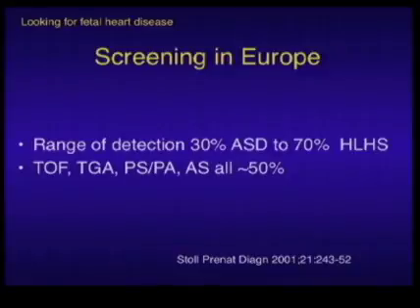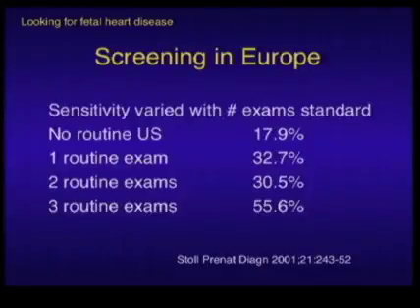Stoll looked in detail at diagnoses of heart disease in different parts of Europe, found a range of detection, and as you look at these, you can see that they diagnose more of things that badly distort the four-chamber view, which makes intuitive sense. He also looked at the sensitivity and how it varied with the number of exams that were standard in different parts of Europe.